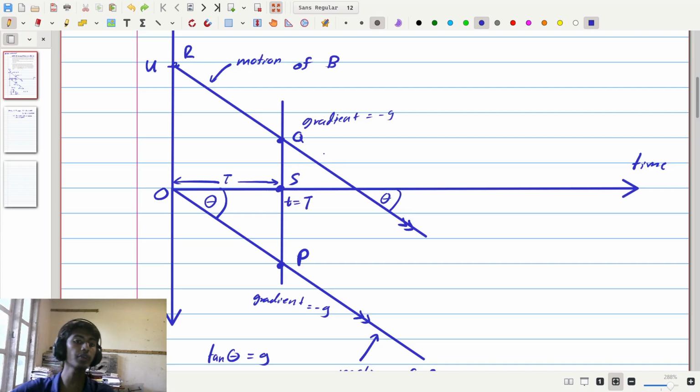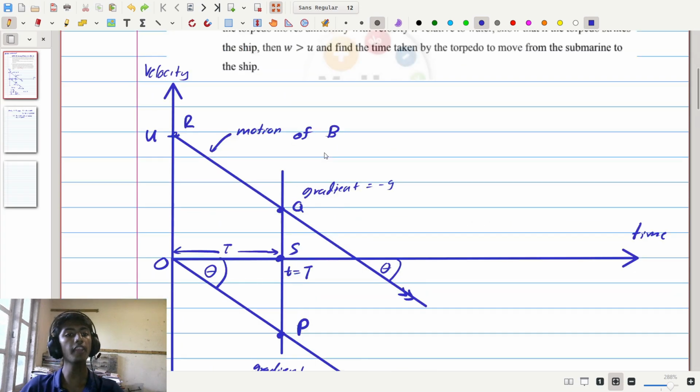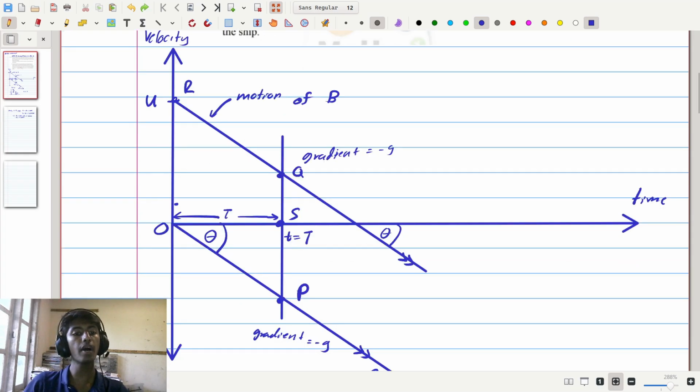In this particular case, we can see we actually have both of those values, since this base length here from O to R, or OR length, is equal to U. Since this point O is the origin, meaning it has velocity 0, and this point here is velocity equals U, and therefore this length is U, and we can also see perpendicular to that, this height of the parallelogram is found to be T.